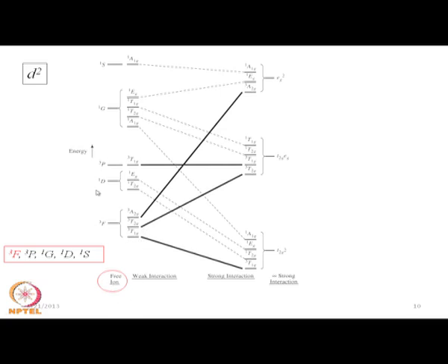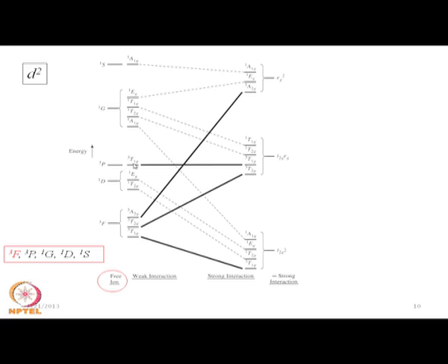Similarly, these are the corresponding free ion terms, and due to these weak interactions we can have very weak splitting of the terms. Since this is the F term, we all know that F can be split into 2 triplets and 1 singlet, so the total number of term values is equal to 7. Similarly, D splits into 2 terms, E and T, 1 triplet and 1 doublet.